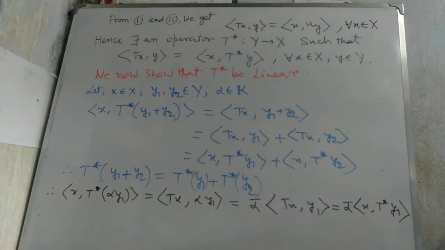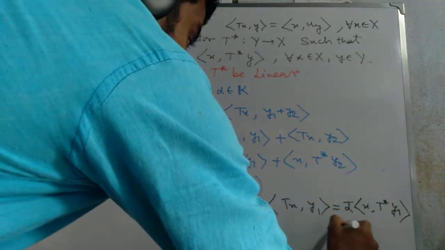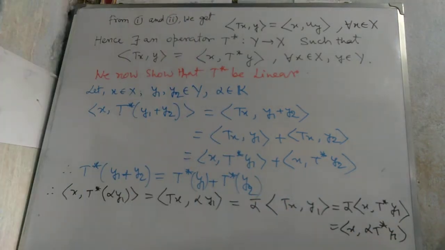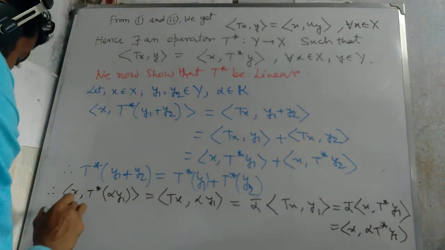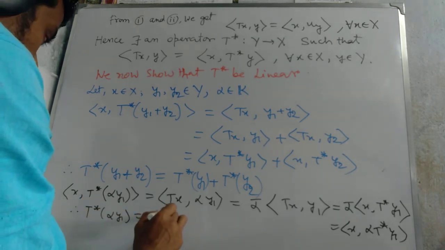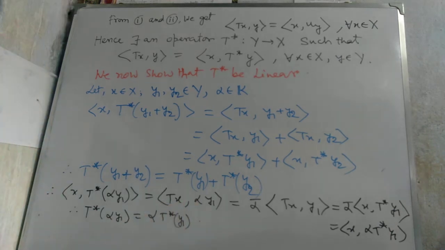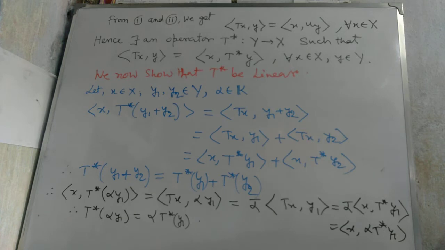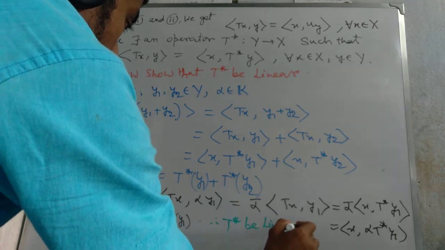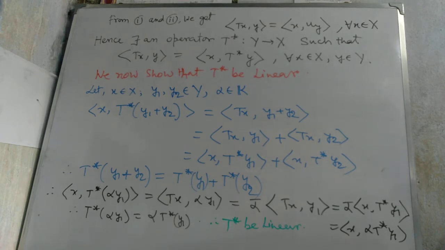Then this equals <x, alpha T star y1>. So we obtain T star(alpha y1) equals alpha T star y1. This implies that T star is linear.